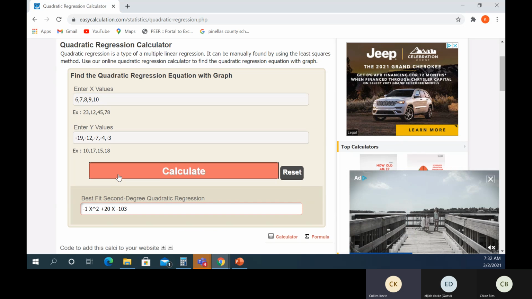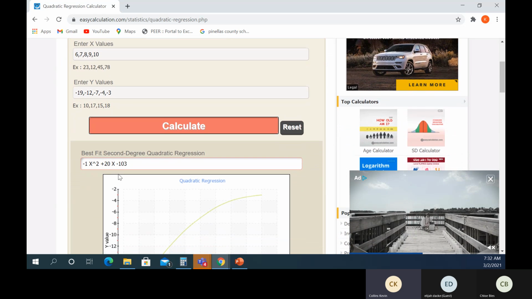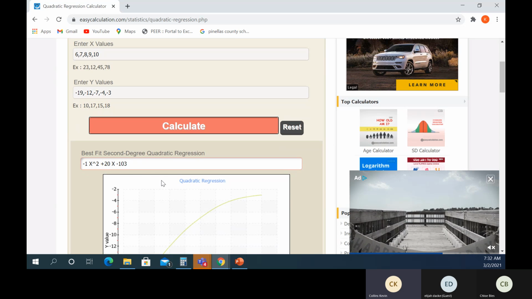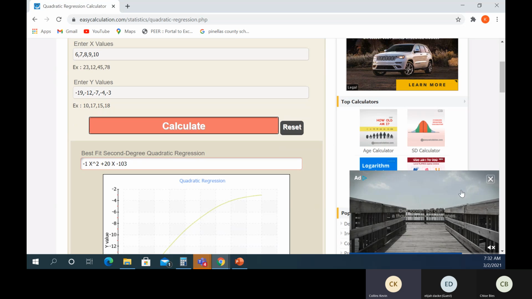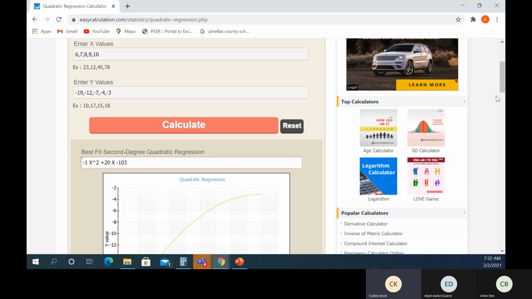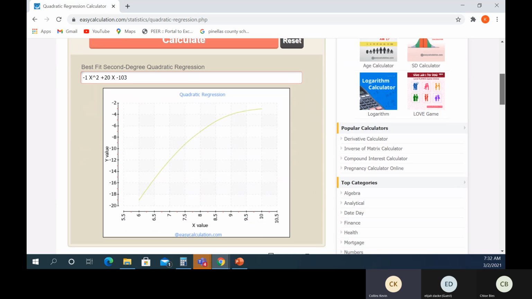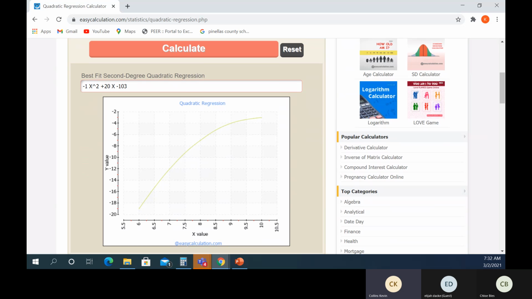And then we did the calculation here. So here's our equation, x squared plus 20x minus 103. And here's what our curve looks like.